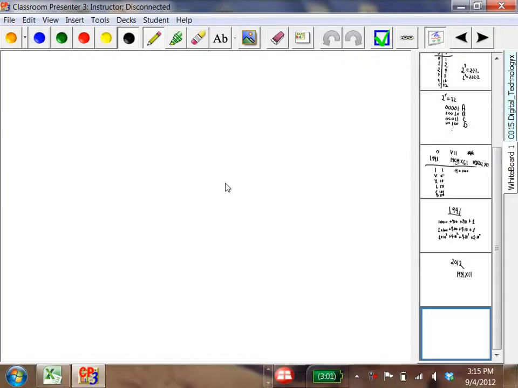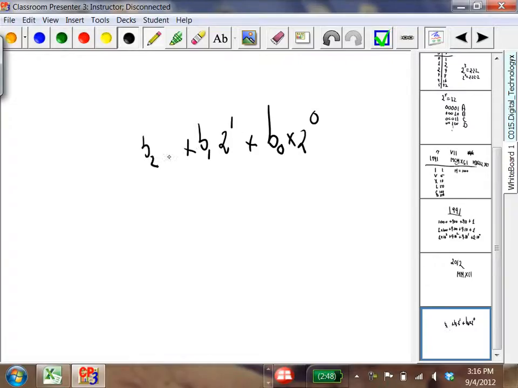So it's B0, a binary bit, multiplied by 2 to the 0th power, plus B1, a binary bit, times 2 to the first power, plus B2 times 2 squared, plus B3 times 2 cubed, plus and so on. And these B's, B0, B1, B2, B3, each one of them is either a 0 or a 1.